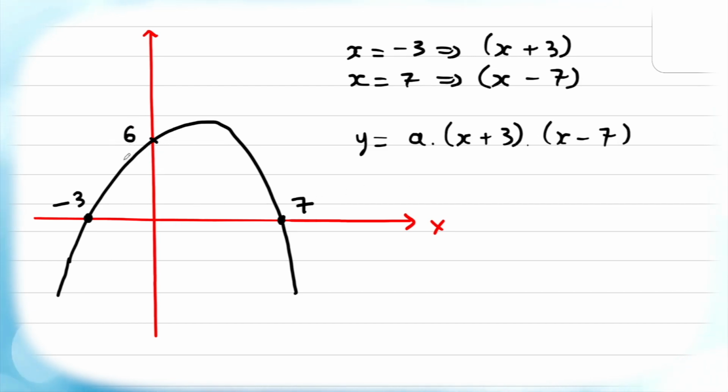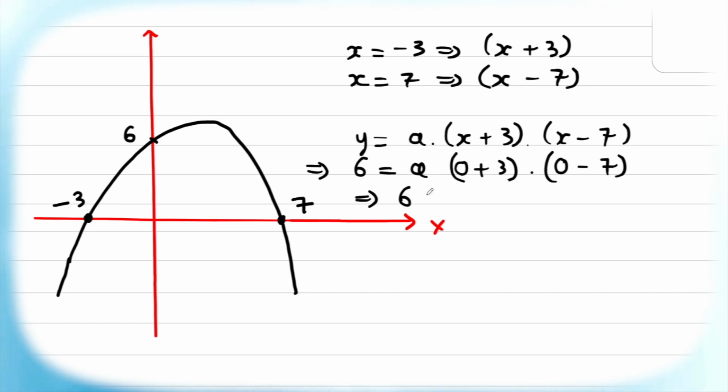The third point here is very easy: 0 and 6. It means y equals 6 and x equals 0. Plus 3 here. And for here you got a. Here 6 equals a multiplied by (3 minus 7) now.